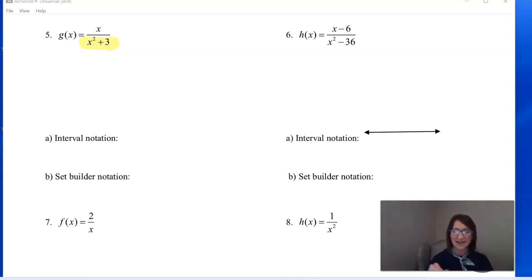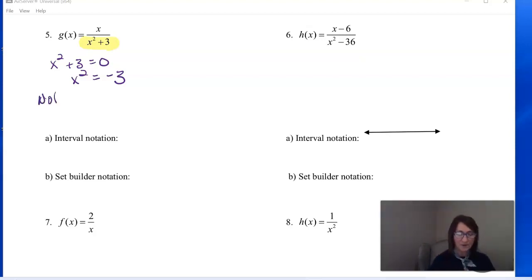So I'm going to take my x squared plus 3 and set it equal to 0. Well, that's going to give me x squared equals -3. So what number can I input in for x that's going to give me a -3? And the answer is none.